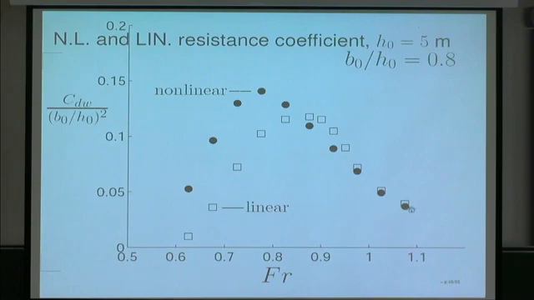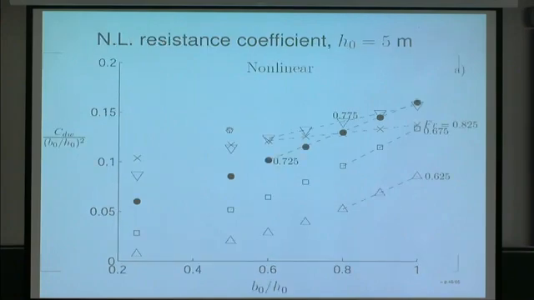So for Froude number around 1 and a little less, the linear theory is actually doing quite well. But when you try to go down in the Froude number, linear theory is completely off. You need to do the full. You compute short waves and very, very strongly nonlinear effects. So here is now the nonlinear resistance coefficient as a function of the draft of the ship.